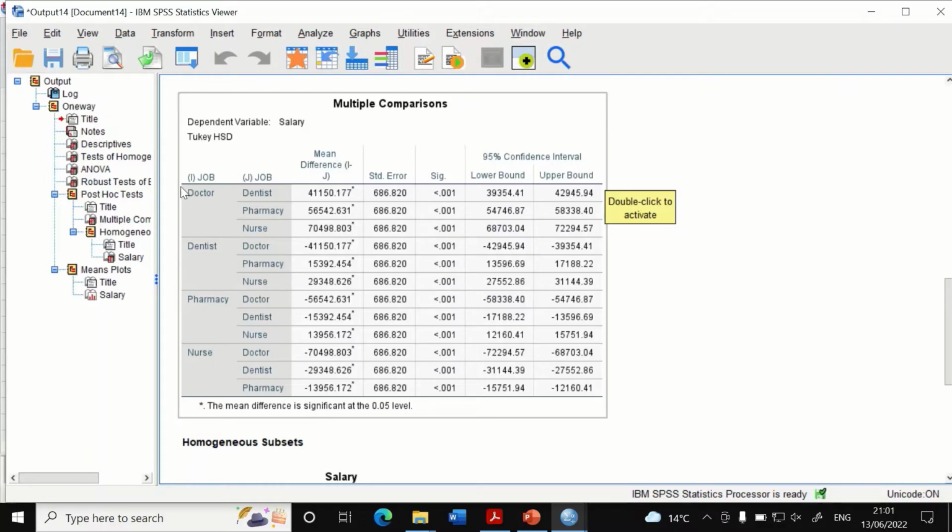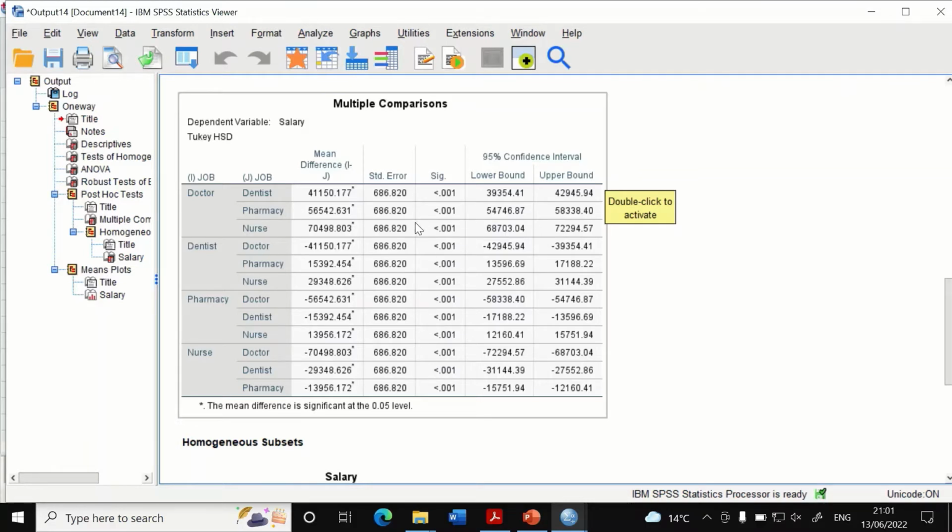Again, as we can see, comparing doctor with dentist, there is a significant difference in the salary between doctor and dentist, doctor and pharmacist, doctor and nurse, as the p-value was less than 0.05.